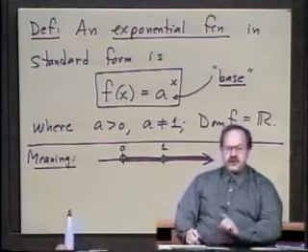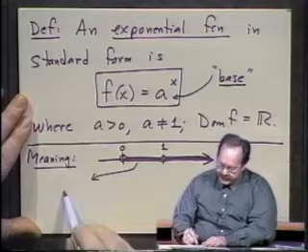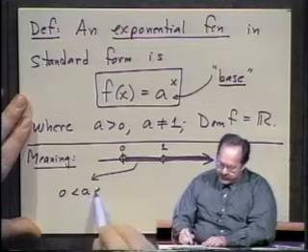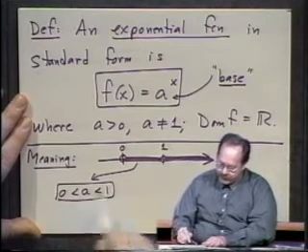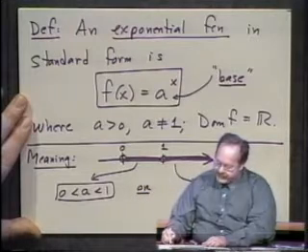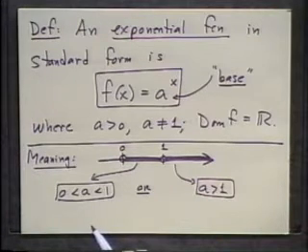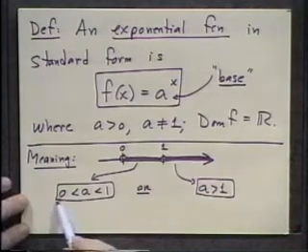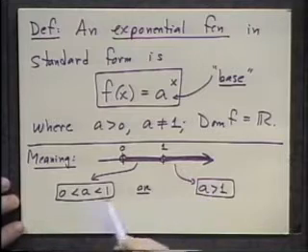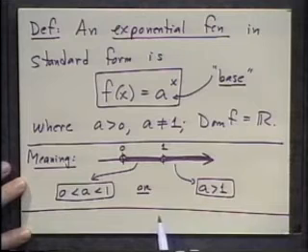That is to say, there are two cases for what a can be. Case 1 is that a can be greater than 0 and less than 1, or case 2, a can be greater than 1. Now, we will see this throughout the rest of this unit, where we talk about breaking a into two cases. There will be different sorts of exponential functions and different looking graphs, etc.